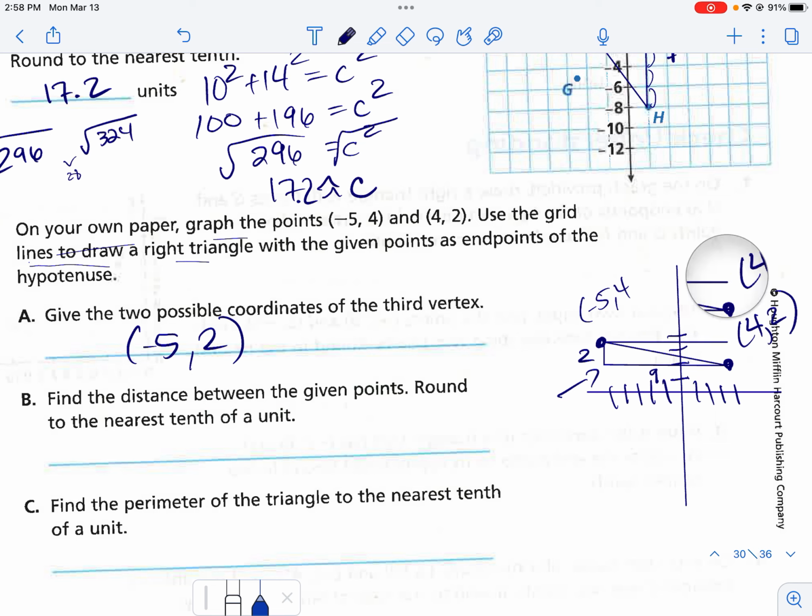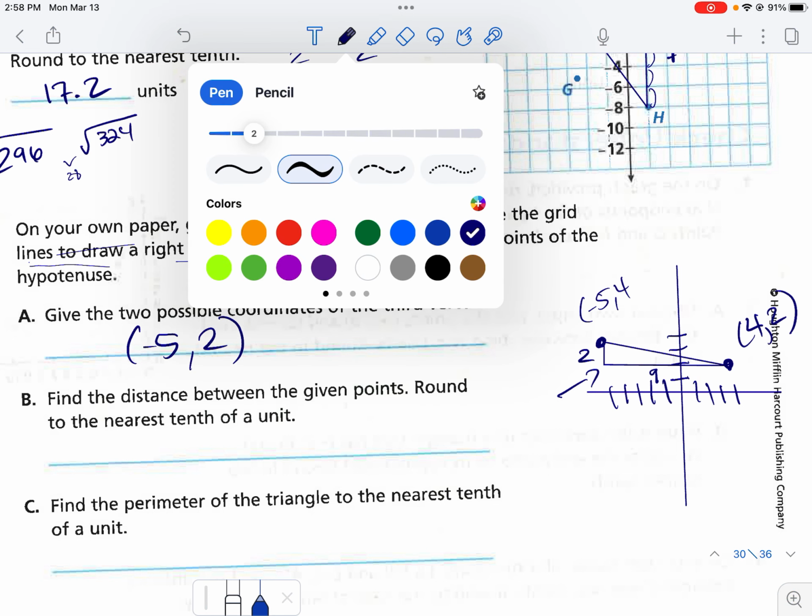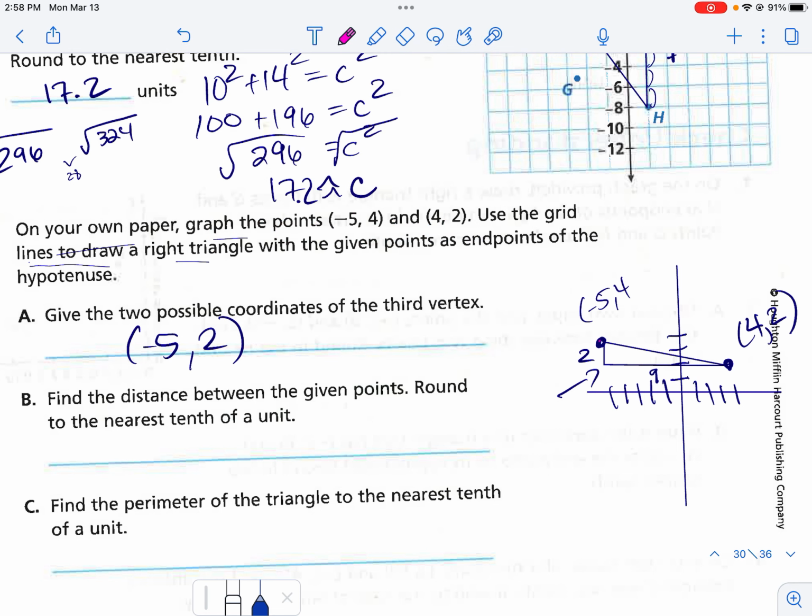Well, it should be straight across. Sorry about that. Let me pick a different color. And then this point right here, it could have been the other one where it is 4, 4. Now find the distance between them.